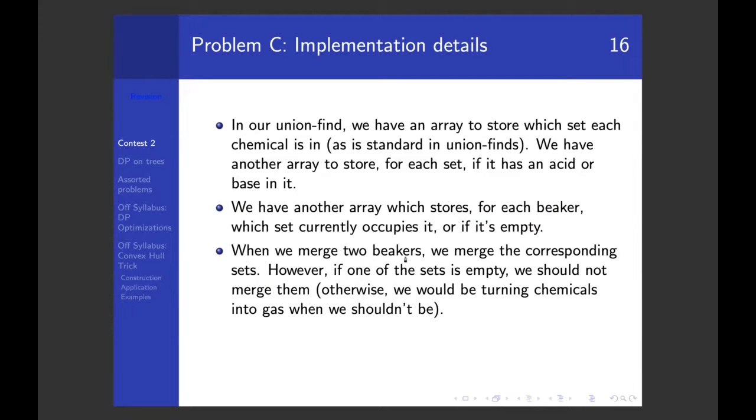So when we merge two beakers, we merge the corresponding sets. By corresponding sets, I mean the set of the chemical that's in it. However, if one of those is empty, you shouldn't be merging with an empty set. Otherwise, you might cause some issues by accidentally merging everything together.